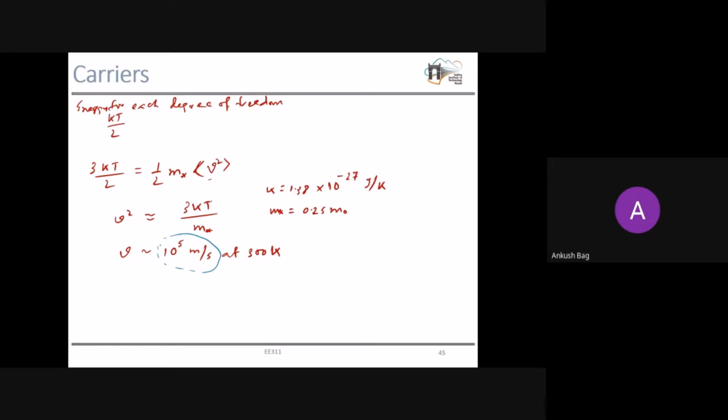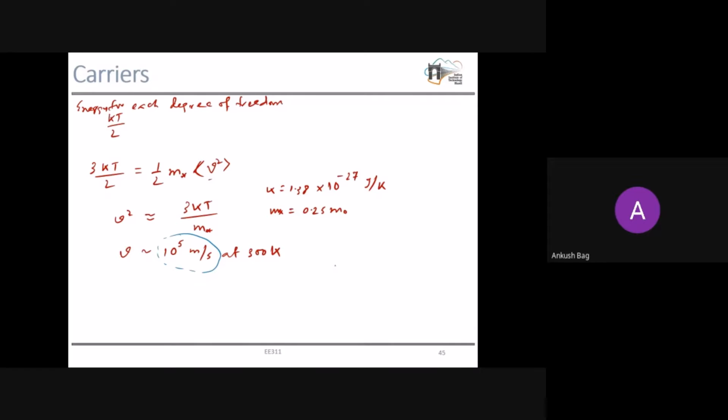That means you will not get any current due to this very high velocity of carriers. These are all random thermal motion, which is why it is called random. It will not lead to any current, or obviously to any characteristics of your devices.